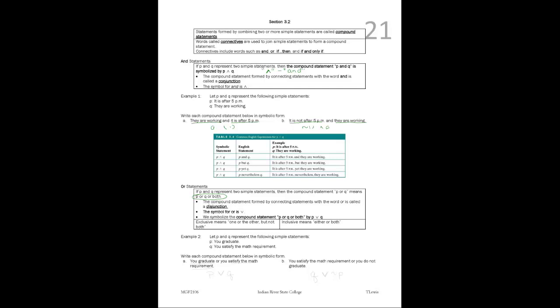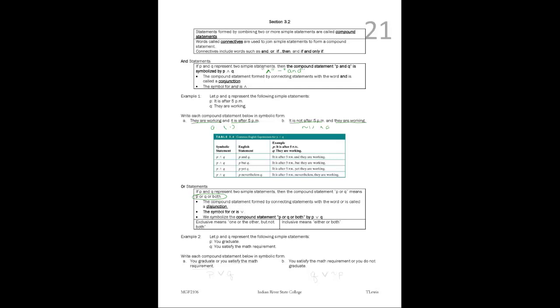And the symbol for or is a V. Think of a V. Okay. So we symbolize the compound statement P or Q or both by P, the V, and Q. And it says exclusive means one or the other but not both. Inclusive means either or both. But or, when I think of or, I'm just thinking about everything. Okay.